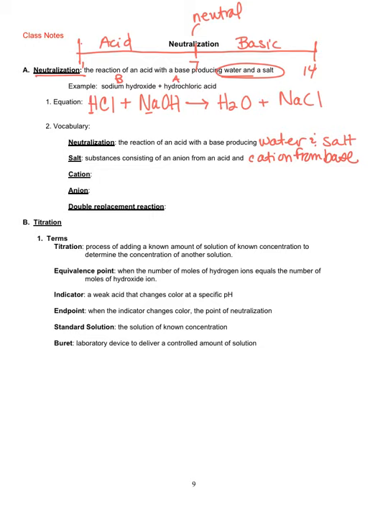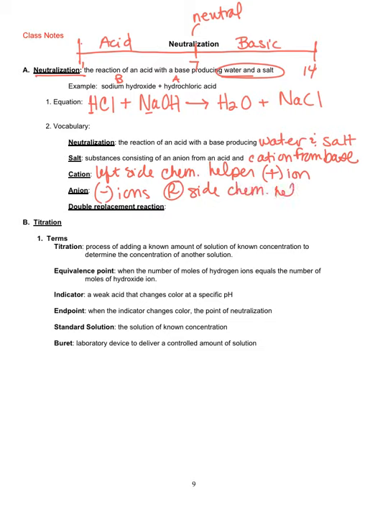Remember, cations are found on the left side of your chem helper, and they are a positive ion. Anions are negative ions, and those are on the right side of the chem helper on that front page.